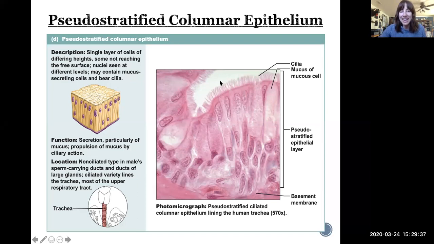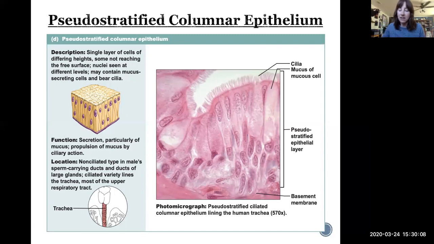Between that and this picture, which is a perfectly wonderful example of the ciliated type, we saw non-ciliated in the epididymis, the sperm carrying duct. And here is our ciliated version, found in the trachea or upper respiratory tract. We also have a really good example of a goblet cell, which secretes mucus. We'll talk more about those when we talk about glands.